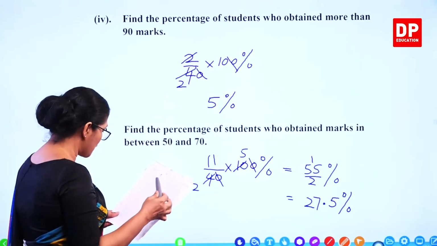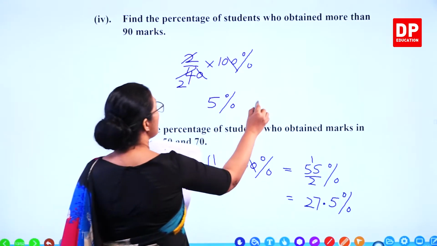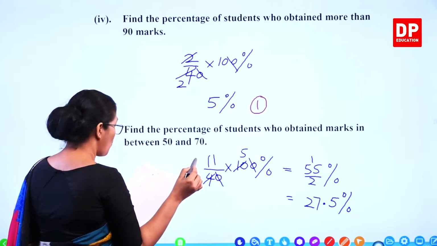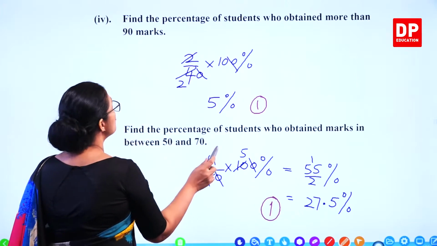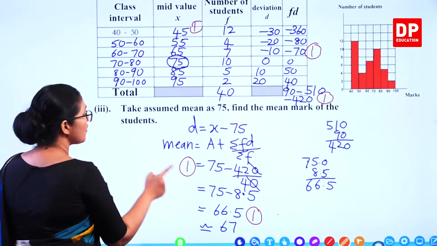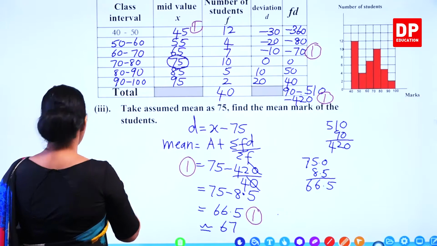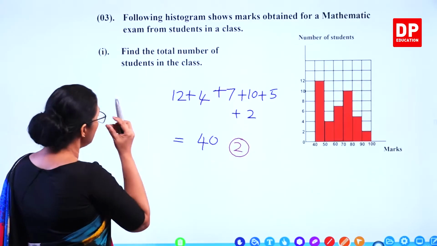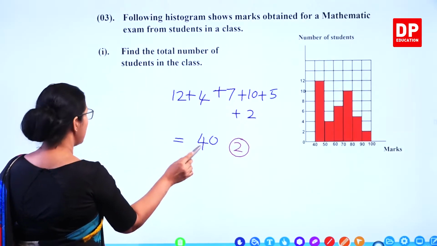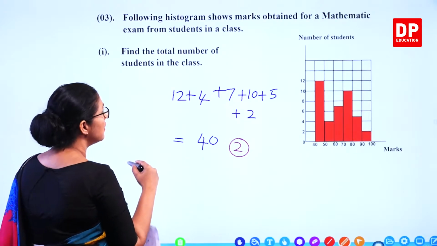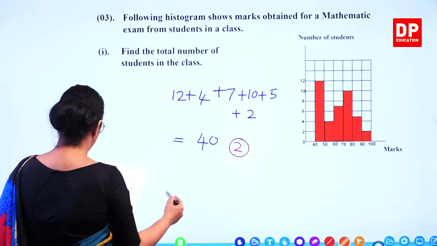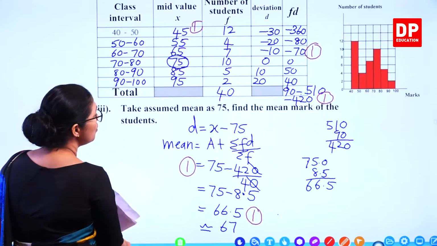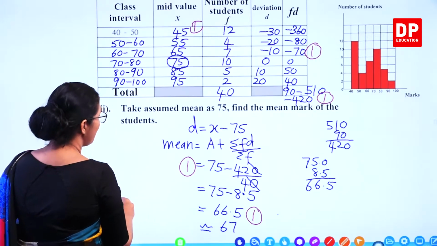So how many marks for these steps? 1 mark here and 1 mark there. So how many marks have we given? 1, 2, 3, 4, 5, 6, 7, 8, 9. 9 marks only. Again check. You are getting 2 and this is 5.